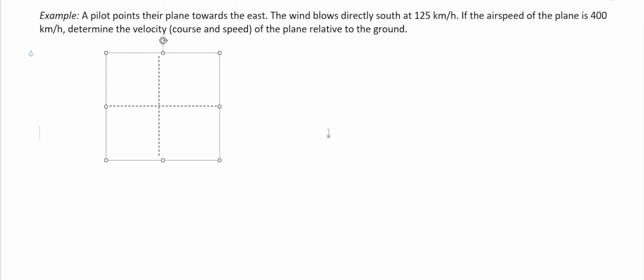So if a pilot points their plane towards the east and the airspeed of that plane is 400, I'm going to go right here and say that that right there is 400 kilometers per hour. The wind blows directly south, so I get another set of compass coordinates here.